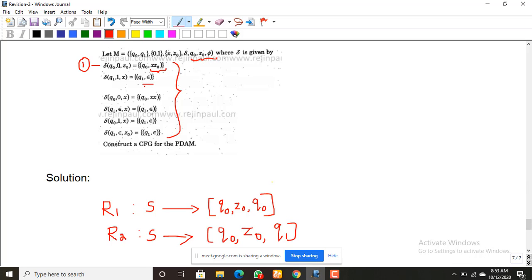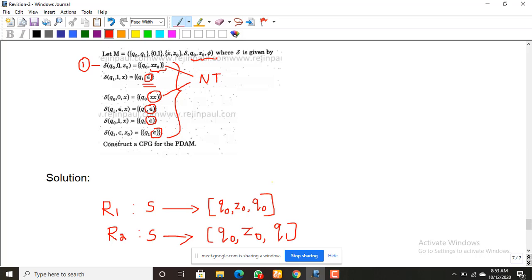The second one, epsilon, is an example of a terminal. The third one, X's, is a non-terminal case. The fourth one is a terminal case, and this is also a terminal. So only two are non-terminal cases; the remaining are terminal cases.